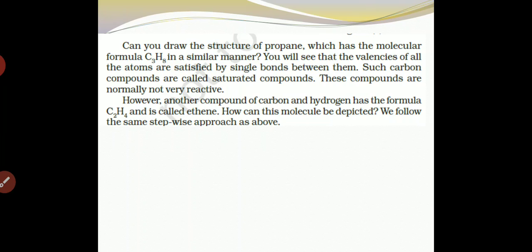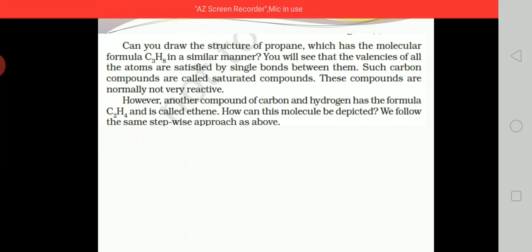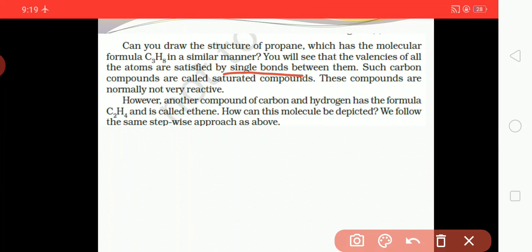You will see that the valency of all the atoms is satisfied by single bonds between them. Such carbon compounds are called saturated compounds. Now if we talk about propane, you can see that three carbons are there, so 1, 2, 3.